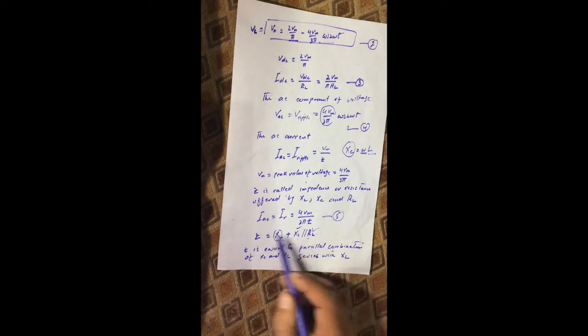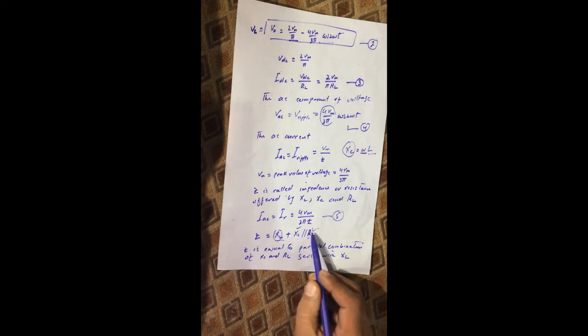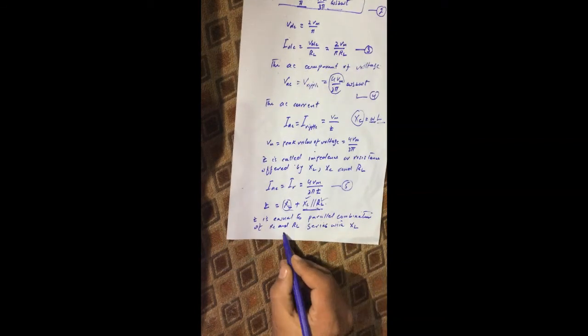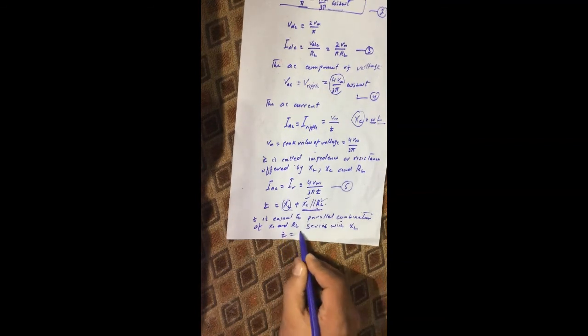As compared to this XL, the resistance of the parallel combination of XC and RL is small, so we neglect this parallel combination. So overall we can write that the impedance Z is equal to XL.